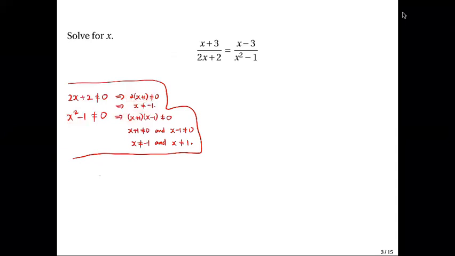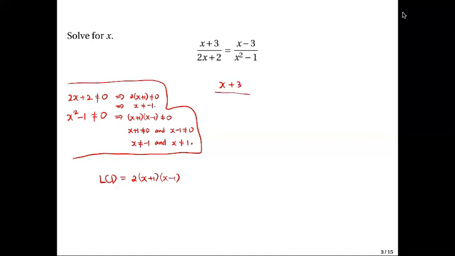So the LCD is just 2 times x plus 1 times x minus 1. Which means we multiply both sides of the equation by 2 times x plus 1, x minus 1.